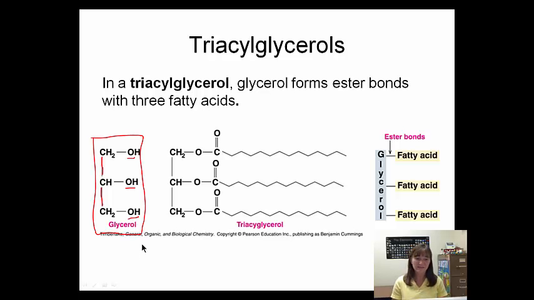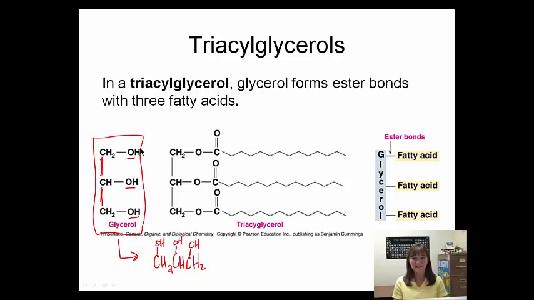In organic chemistry, we would have written glycerol like this. We would have just worked more from left to right and then put our OH branches up here. So this is glycerol, but you're going to see it written more like what I have here in the box. So what I want you to notice is that these carbons along the backbone are covalently bonded together.